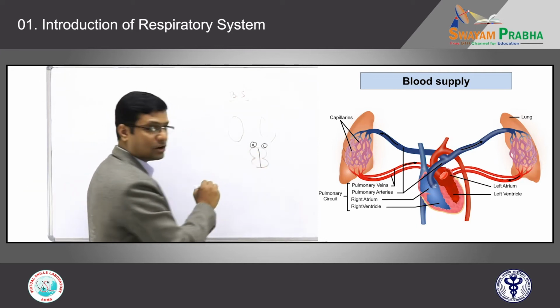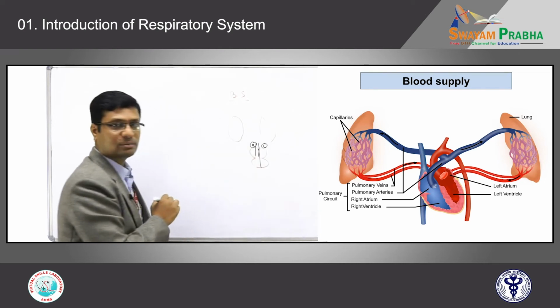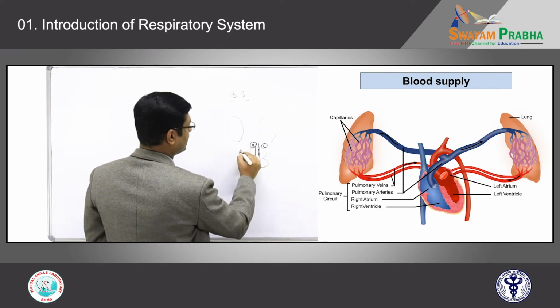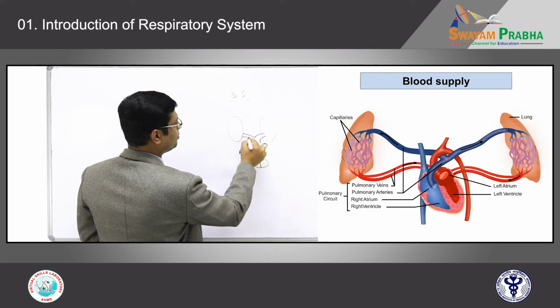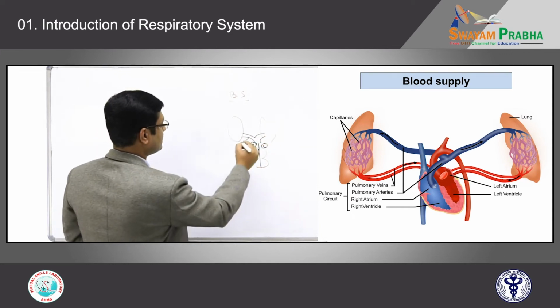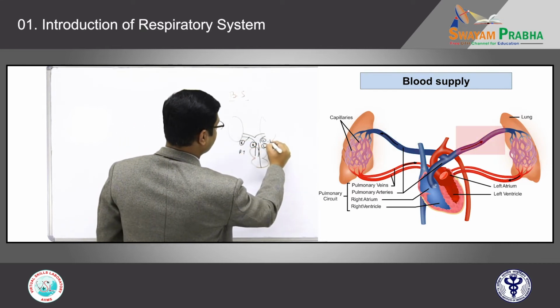The right heart, all of you know, carries deoxygenated blood. The main outlet from the right ventricle is the pulmonary trunk. This pulmonary trunk divides into two major branches, the right pulmonary artery and the left pulmonary artery.